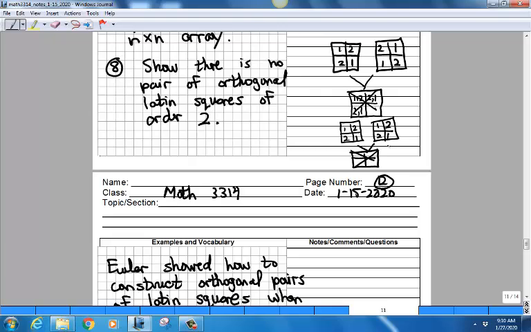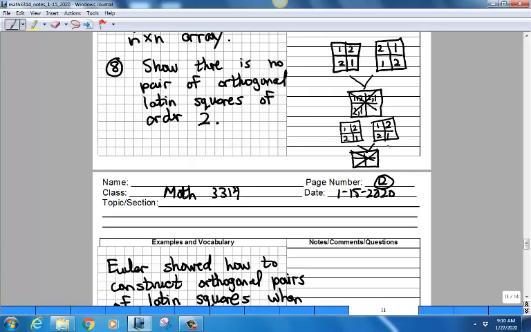Now here's what Euler did know. Let me take the easier situation: if n is odd, so 3 by 3, 5 by 5, 7 by 7, those orders all have solutions.